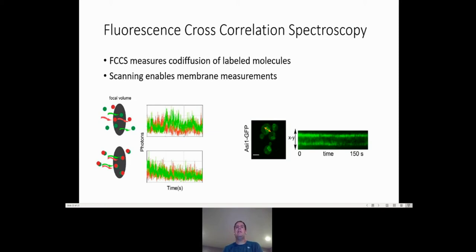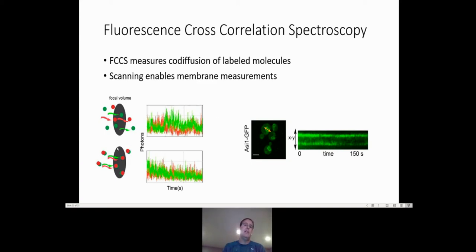In order to investigate this, we turned to a technique called fluorescence cross-correlation spectroscopy. It measures the noise in the co-diffusion of labeled molecules in order to measure the extent of co-diffusion. As an example, you could park your confocal microscope somewhere in a cell, and if you have green and red molecules diffusing independently of one another, you're going to see random signals in their diffusion traces.